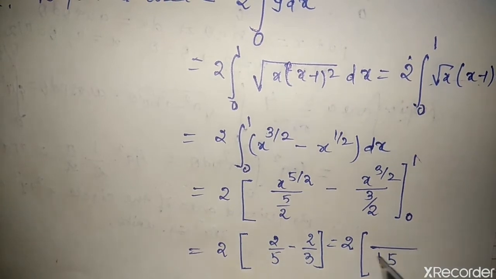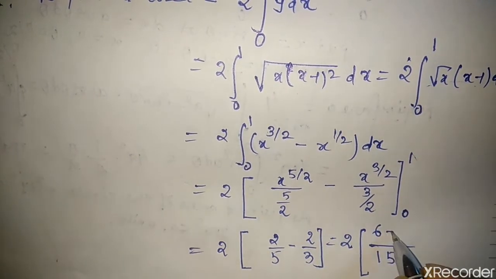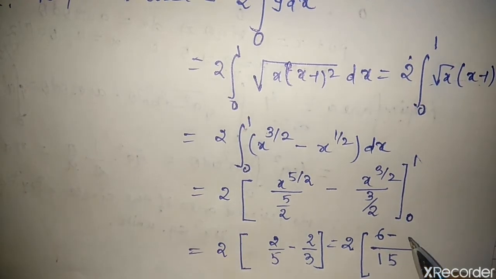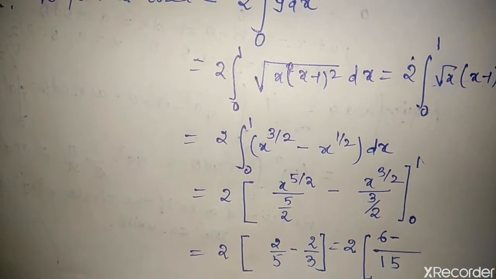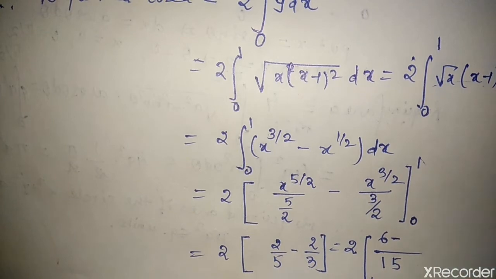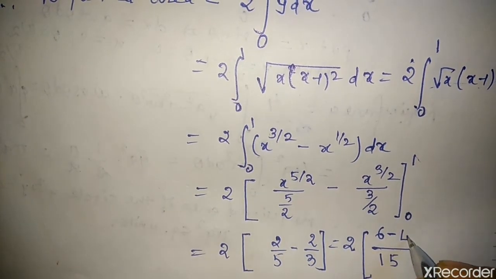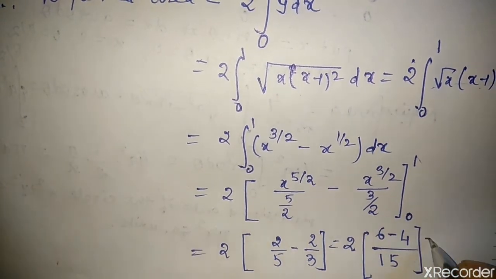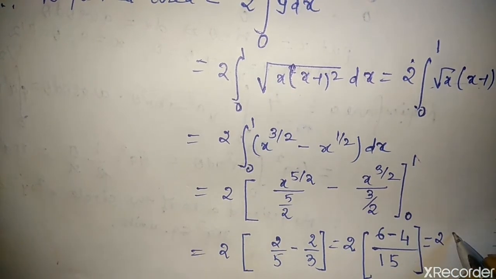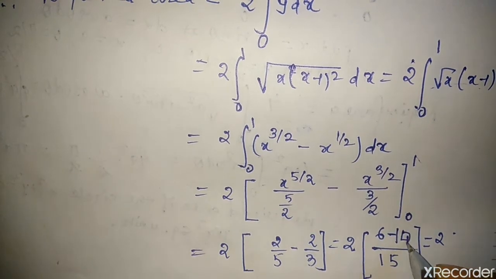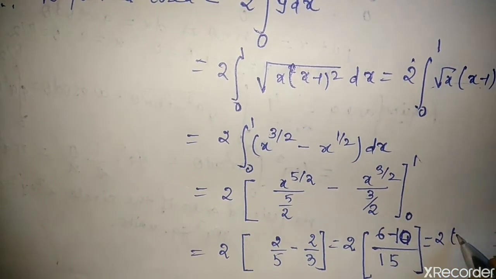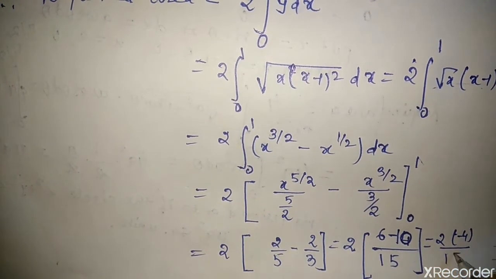Now 15 is the LCM. So we have 6 minus 10, that is minus 4 divided by 15, times 2.